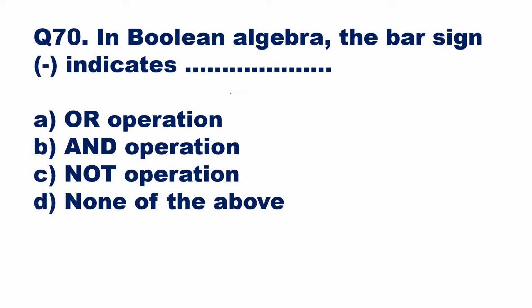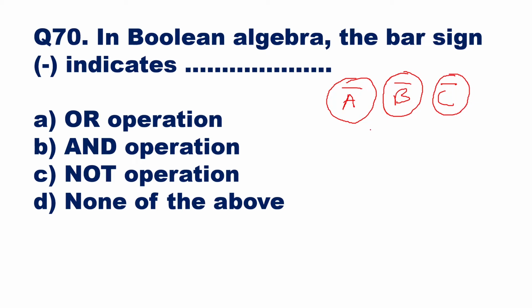In Boolean algebra, the bar sign indicates. The bar sign indicates means, say for example, if you are having A bar or B bar or C bar, if you are going to represent the variables like this, that means whatever is the value of A, the complement of that will be the value of bar A. Whatever is the value of B, the complement of that will be bar B. Whatever is the value of C, the complement of that will be bar C. That means if A is equal to 1, then A bar will be equal to 0.